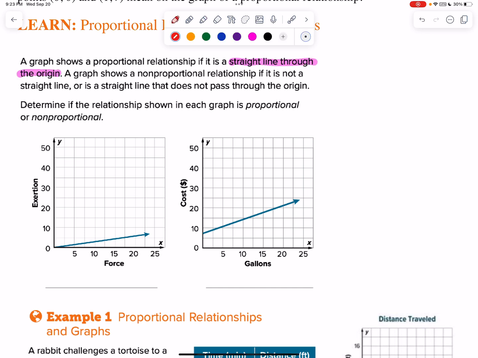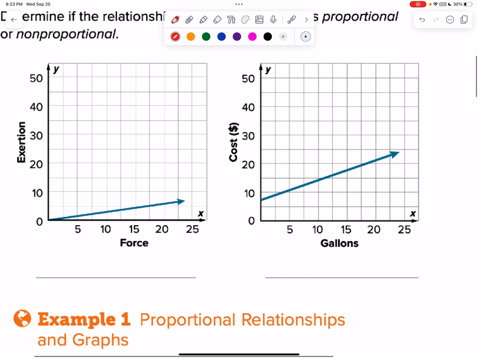What that means is when you look at these two graphs, in order for it to be a proportional graph of data, you have to see a straight line. So we see that with both. But the other characteristic that has to be true is that the line has to go through (0, 0) here.